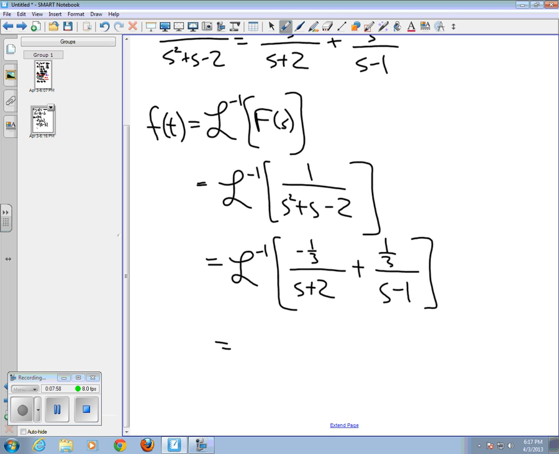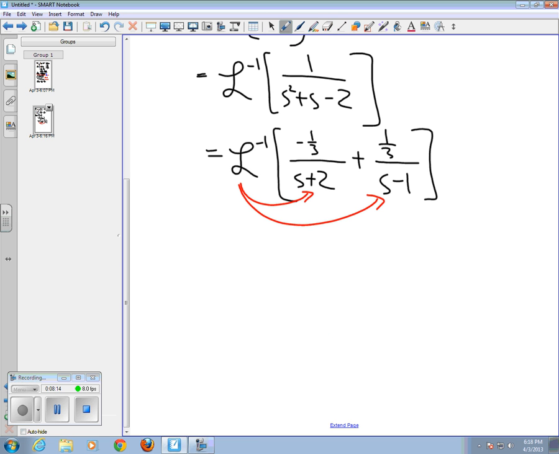Now we can take the inverse Laplace transform and distribute it to each part, so we can bring it here and here. We can also pull the -1/3 and 1/3 out past the inverse Laplace transform. So this turns into -1/3 times the inverse Laplace transform of 1 over s plus 2.